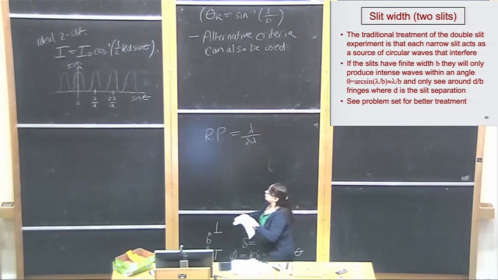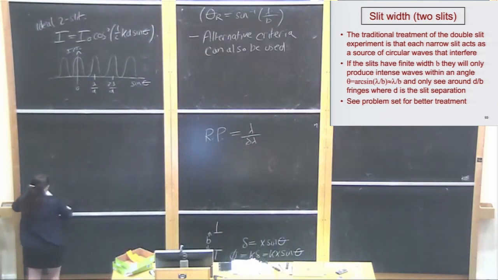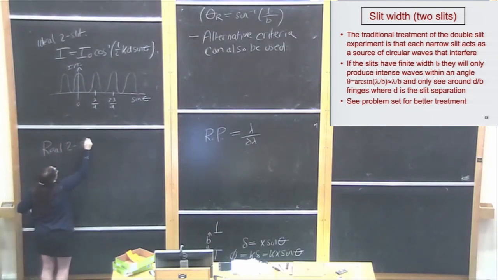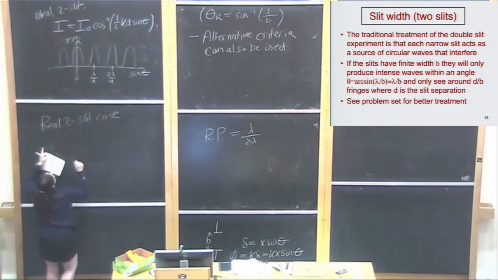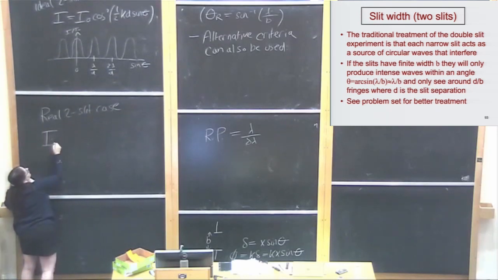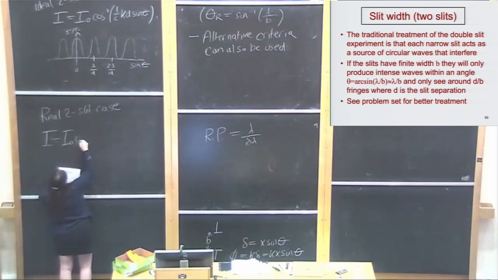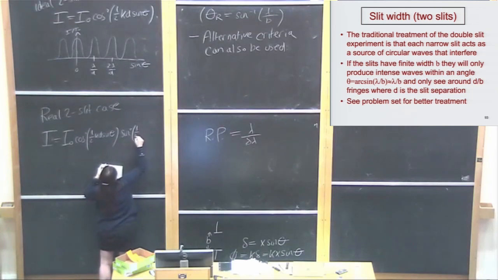It turns out, and I'm not going to prove this because it's in the problem sheet, so this is for you to do, that in the real two-slit case, the intensity distribution isn't just the simple cos squared. It actually looks like this. It's got the cos squared term, but then it also has a sinc squared term.